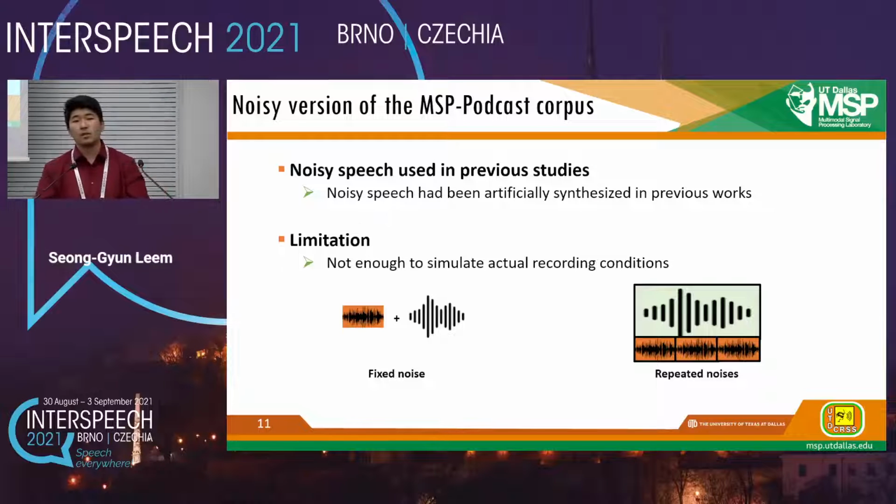Also, to match the duration of the clean speech signal, noise signals should be repeated multiple times. Such repeated noise is not likely to occur in real-life recording samples, and such non-stationary characteristics are hard to control using traditional methods.